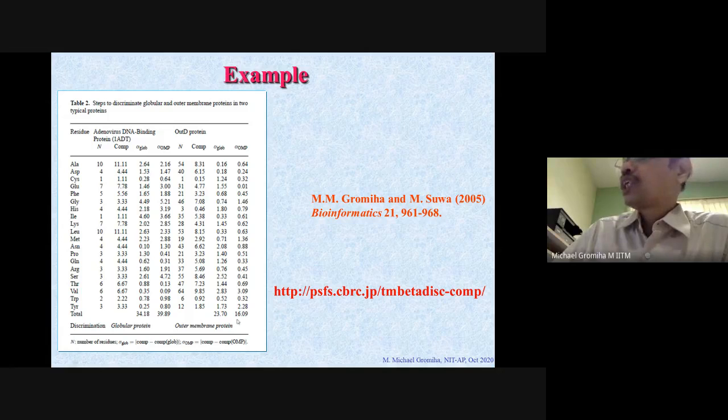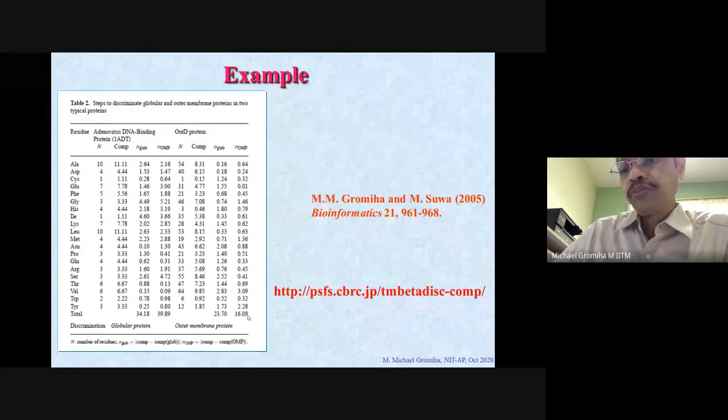What is the total deviation for the second case? One is 23, one is 16. Which one is lower? Membrane, because this is membrane.